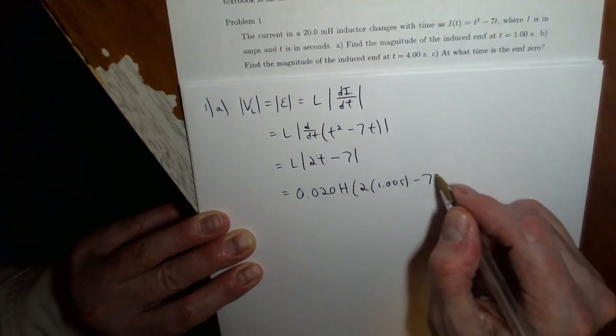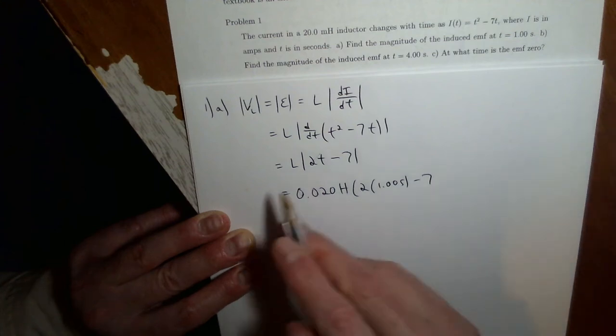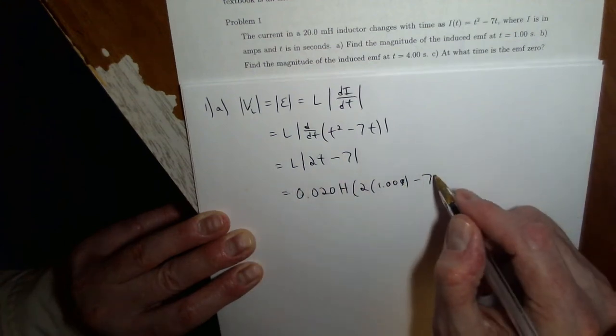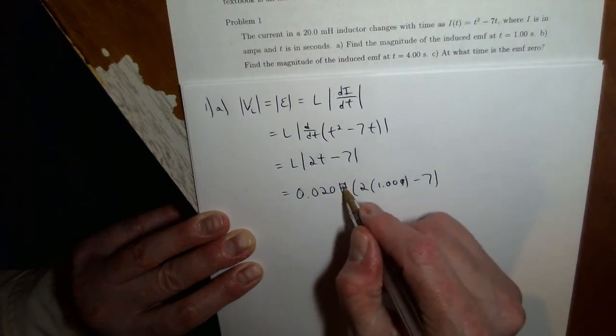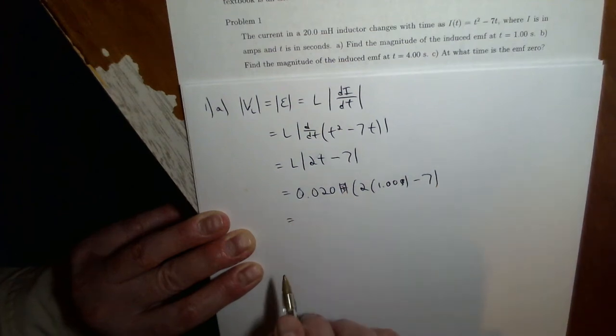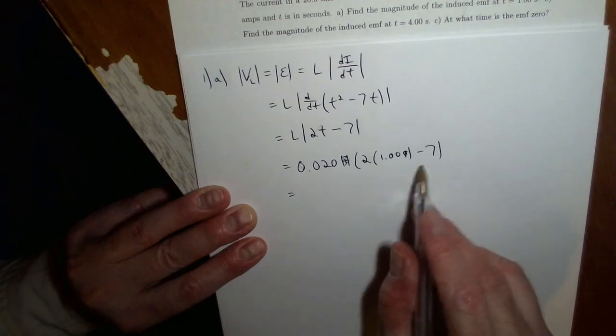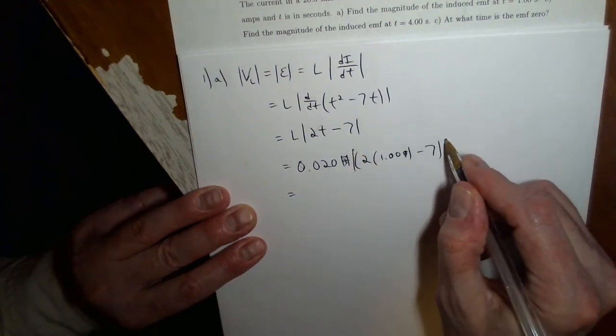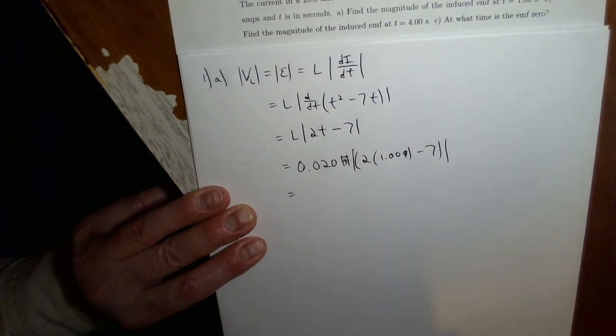Actually, let me forget about the units here. I'll put in units at the end. So 2 minus 7 is minus 5, and I'm taking the absolute value to get the magnitude, so I dropped the absolute value sign.